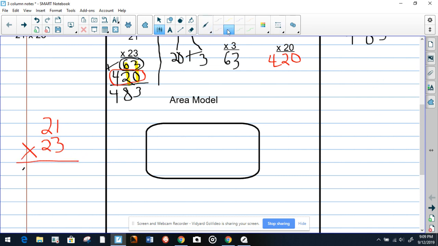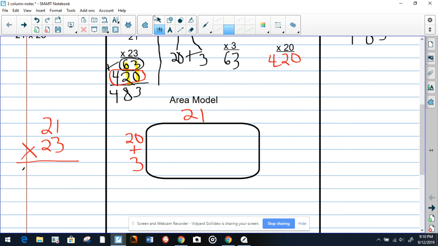So now, when we do this, we are going to break down the number on the bottom into 20 and 3. So we're going to write 20 plus 3. So that's what happens there. Now on the top we have the 21, right? So we can just write a 21.